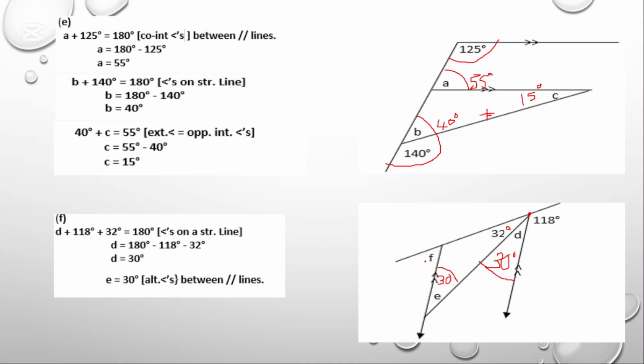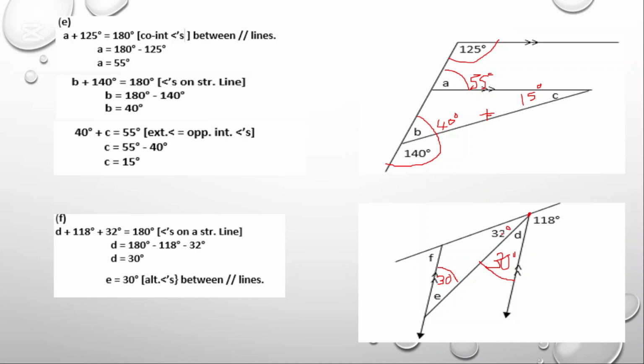And there's F. F, you can see here, F is the exterior angle of this triangle here. Can you see this triangle? Right. So F is equal to the sum of the opposite interior angles.